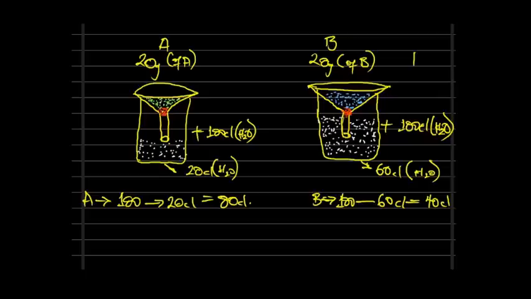So this is telling us that the one that is most porous, the one that has permitted more water to go out of it, is the B. A has actually held on to about 80% of the water, while B held on only to 40% of the water, allowing 60% to drain off.